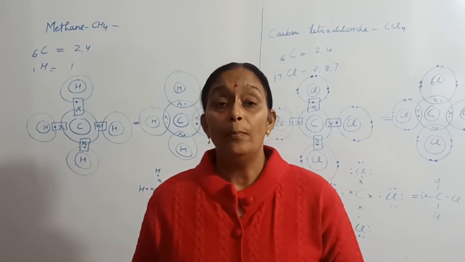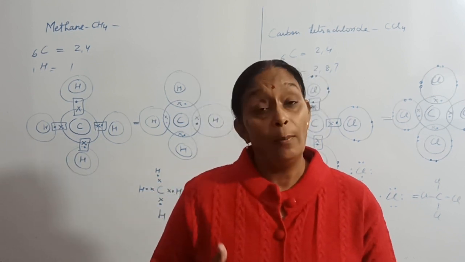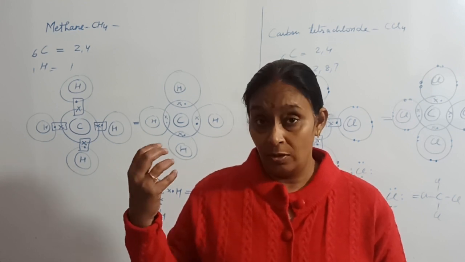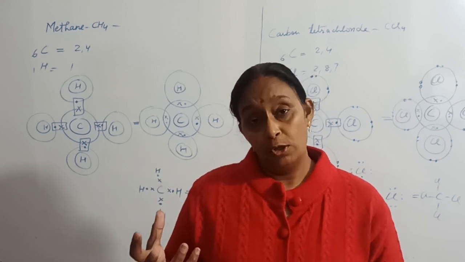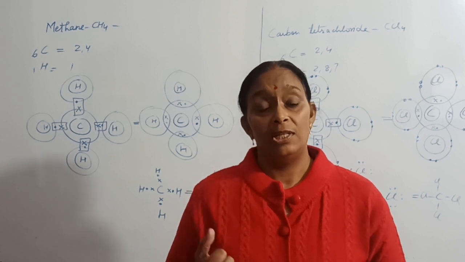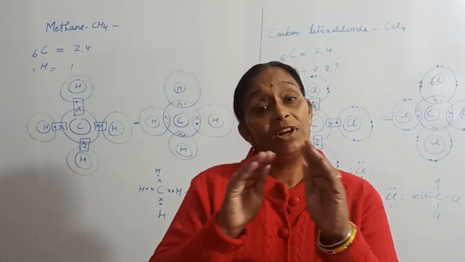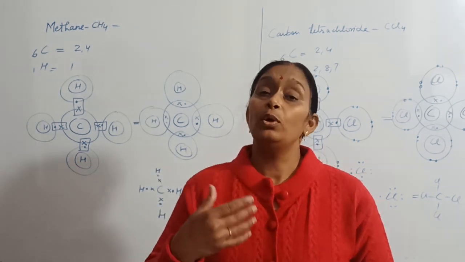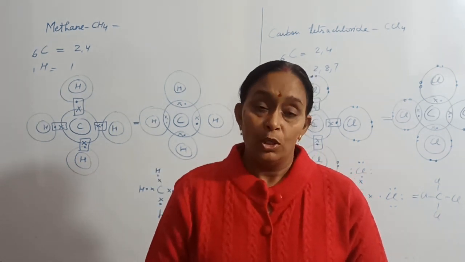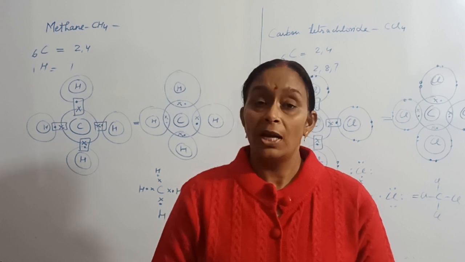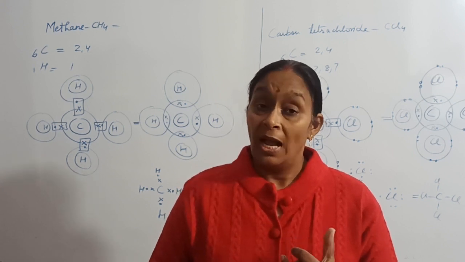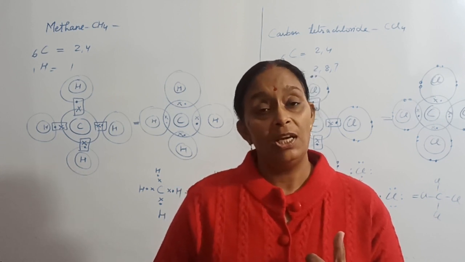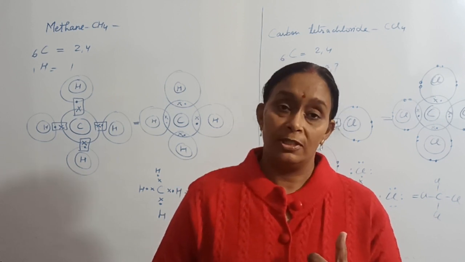In the molten state or aqueous solution state, these ionic compounds have free ions because the forces of attraction are gone. Because of that, they are very good conductors of electricity. So electrovalent or ionic compounds are hard solids, have high melting and boiling points, and are good conductors of electricity in aqueous solution or molten state.